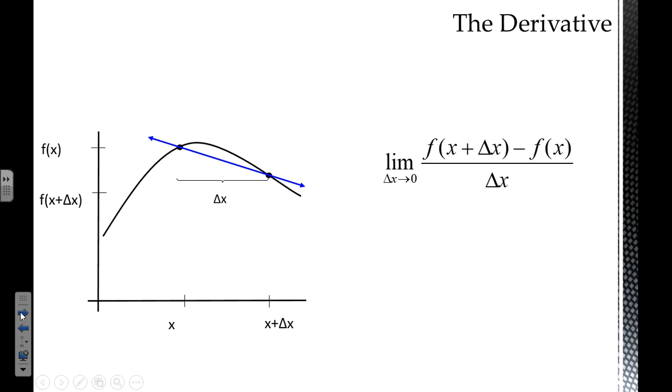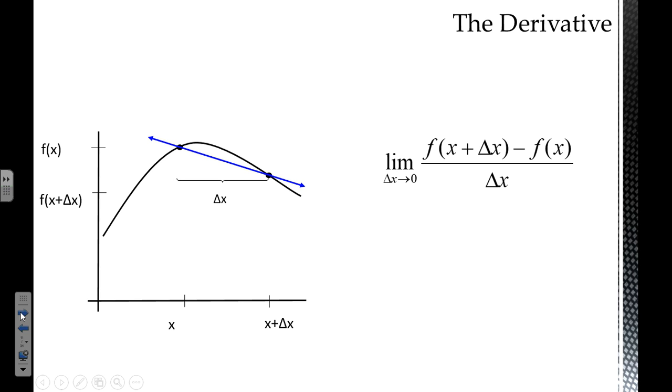Does that look familiar? Yes, what was this? The difference quotient. f of x plus delta x, that is the y value right here, minus f of x, that's the y value here, all over delta x.